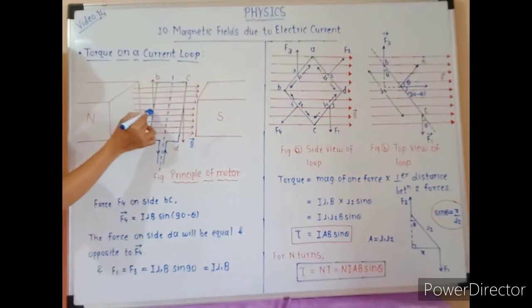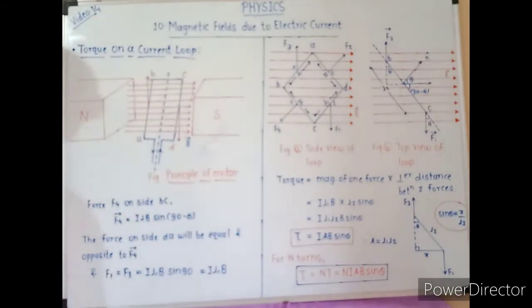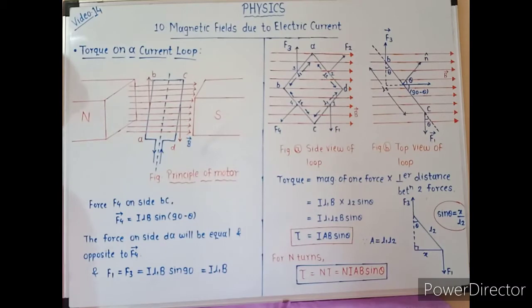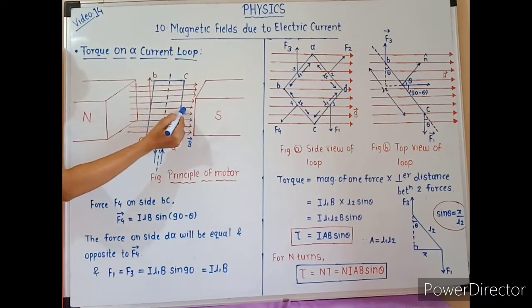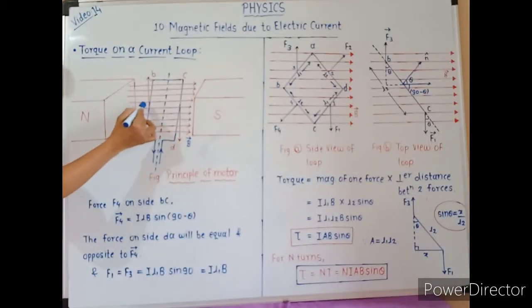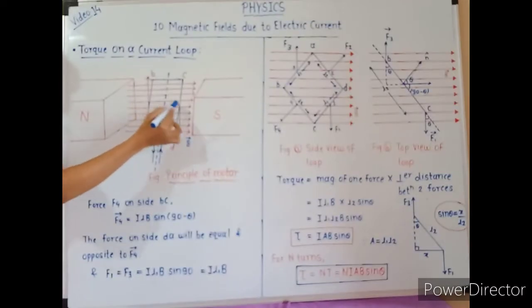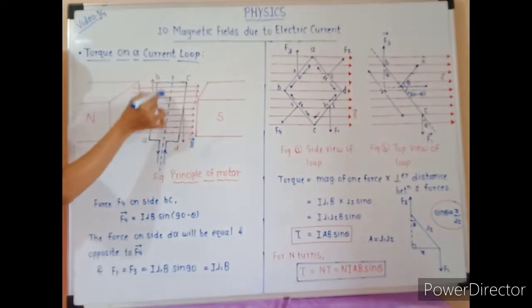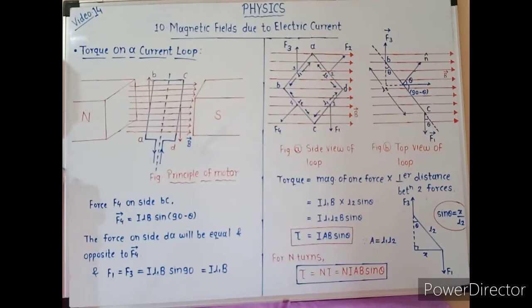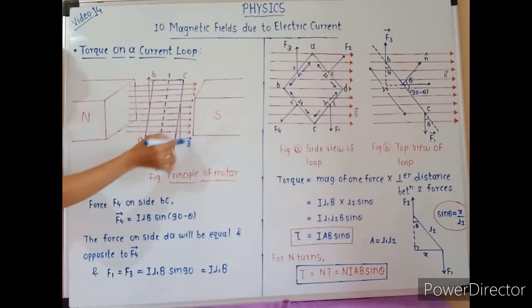So two equal and opposite forces applied at different points such that there is a perpendicular distance between them make a couple of forces. These two forces are called a couple of forces, and this effect of couple of forces is called the torque.